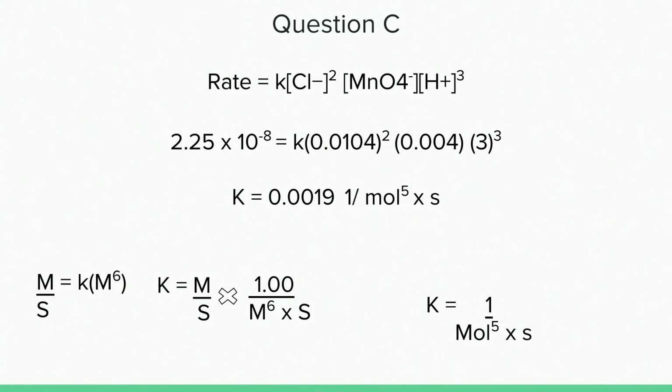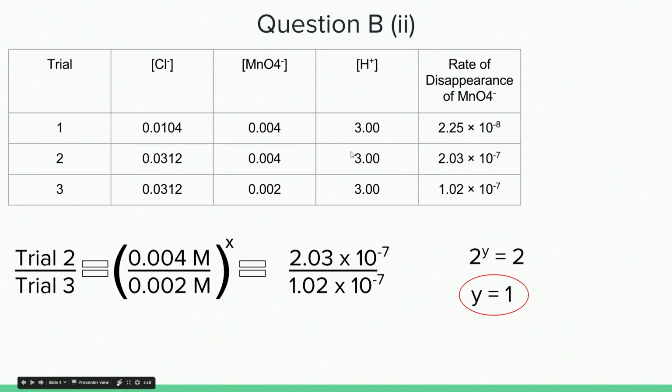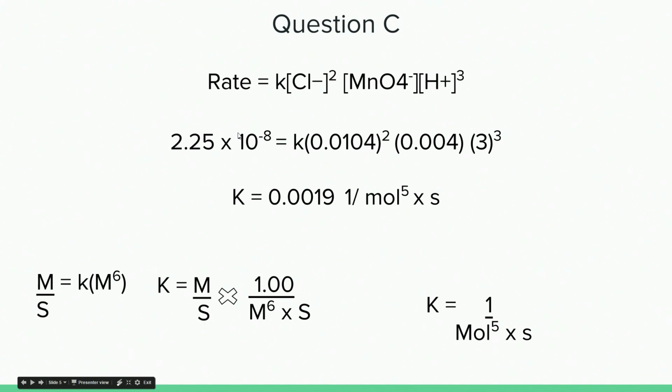Something to the first power is equal to itself. We got 3 for the H plus because all of the values were 3, so we didn't need any calculations. And I just substituted all the numbers for trial 1.